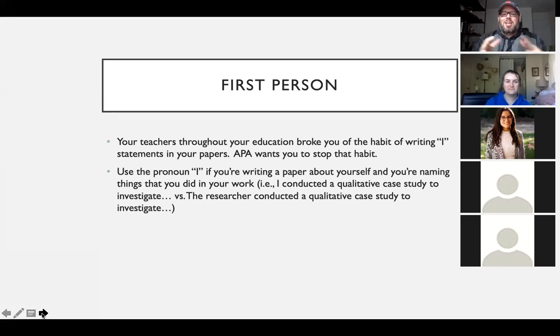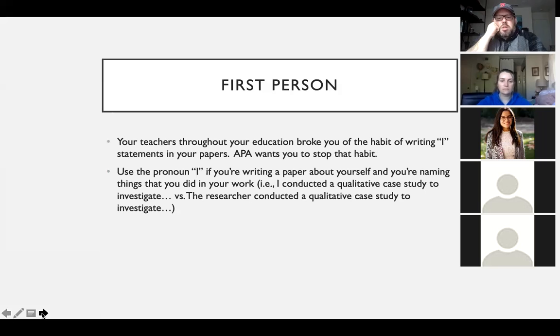But essentially, if you are talking about your own experiences, or the work that you're doing, maybe if you decide to do a thesis in this program, or any sort of research, instead of saying the researcher, you would say, I did this, as the researcher, I did this.